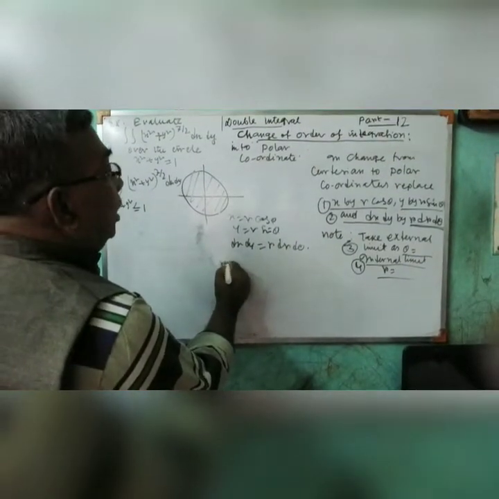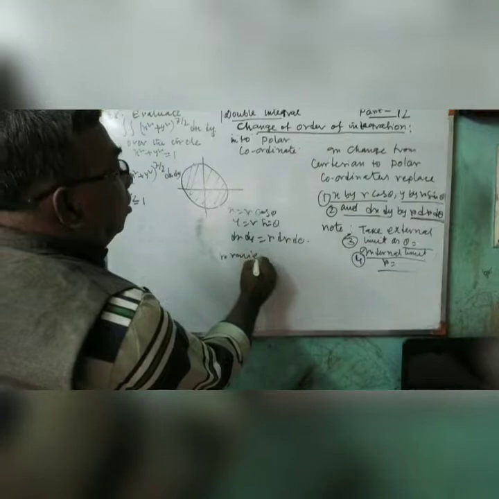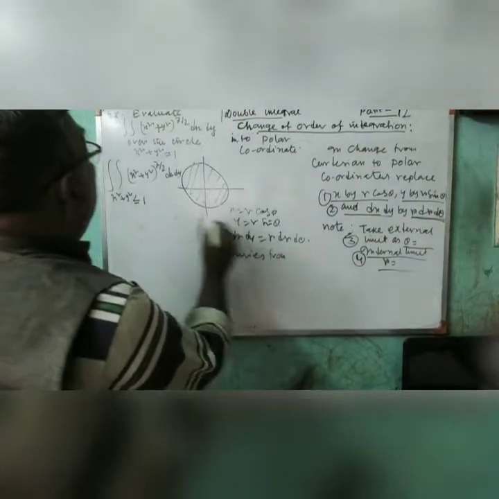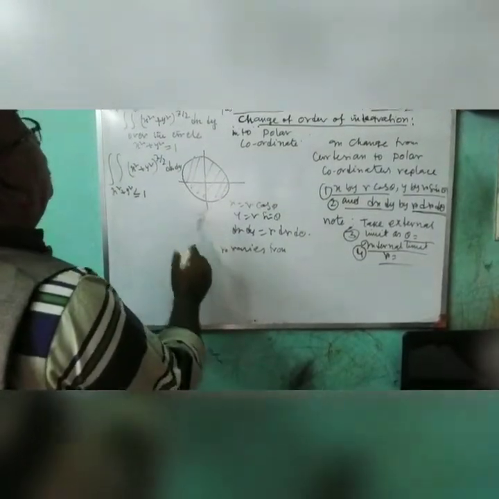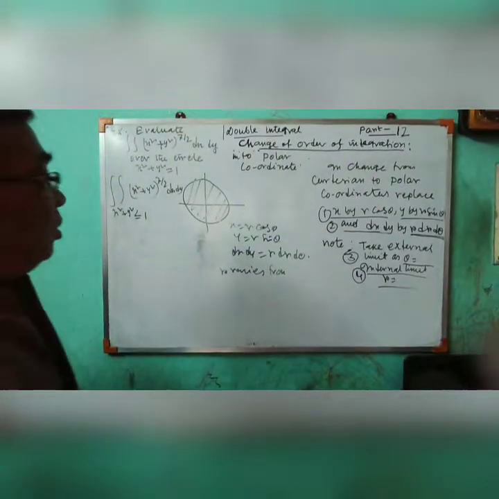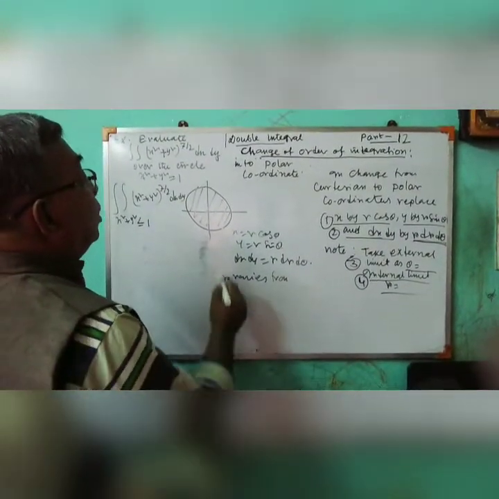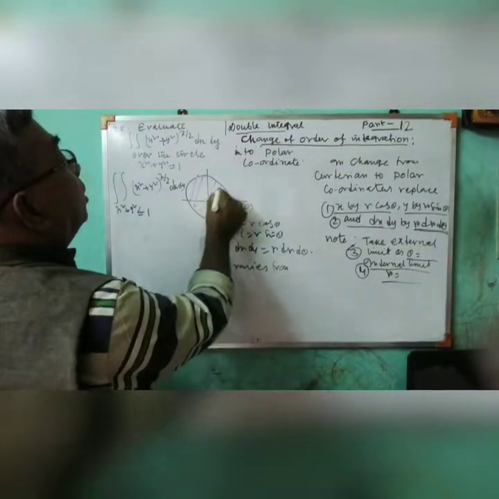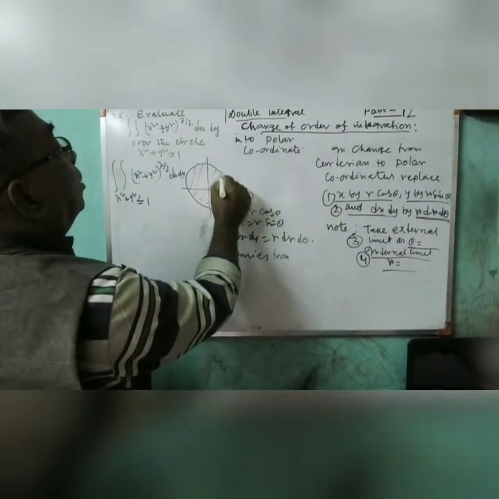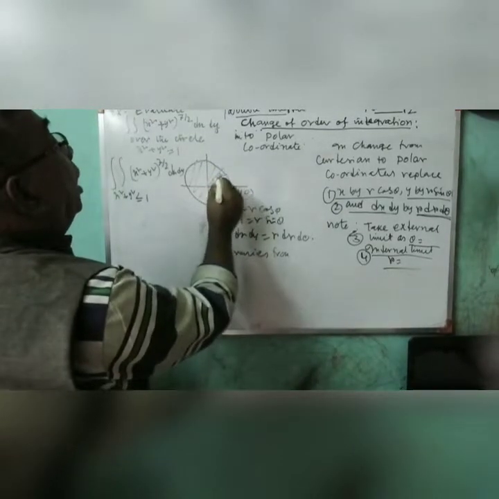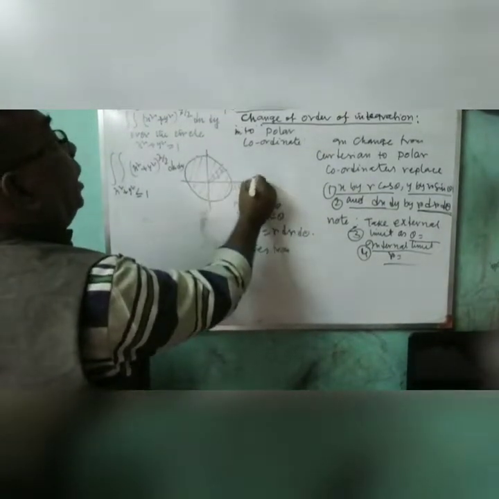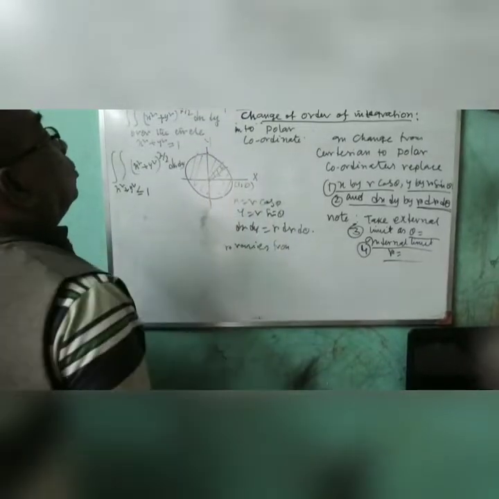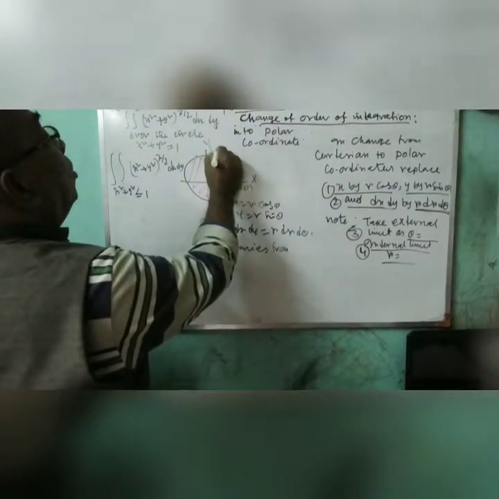This is the circle x square plus y square equal to 1, so radius 1, so this point is 1 comma 0, this is x, this is y, and this point is also 0 comma 1.